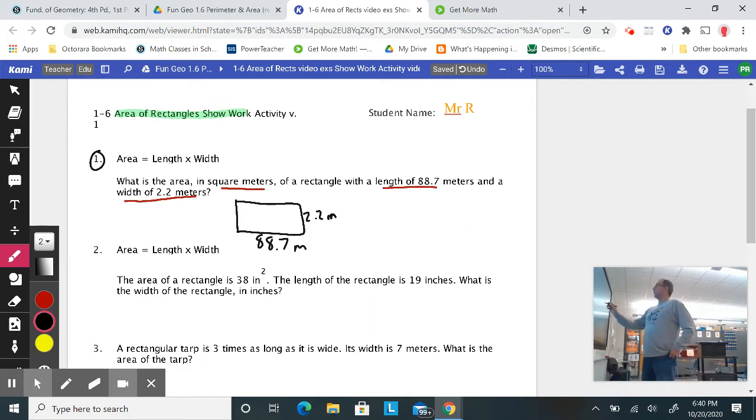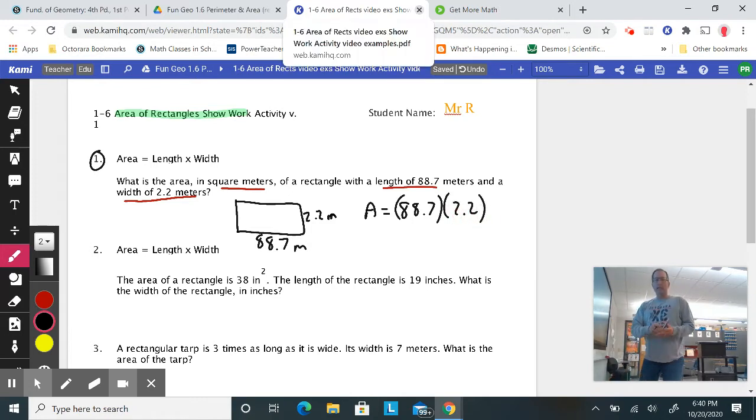And we know the area is length times width, so all you've got to do is write the length and then use parentheses for multiplication times the width. And then use your calculator, either your online calculator or the calculator here. So I'm going to pause the video, type it in, come back on.